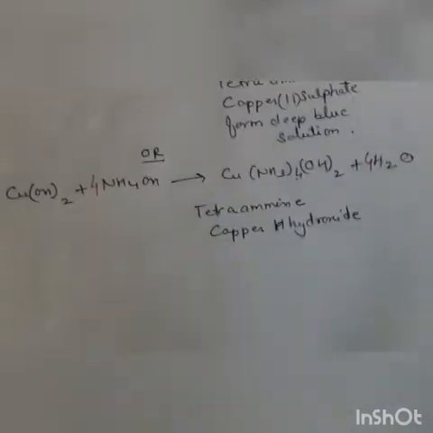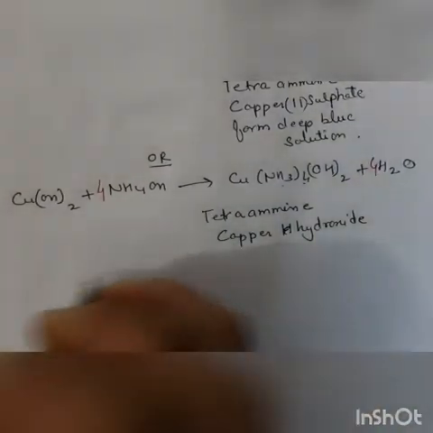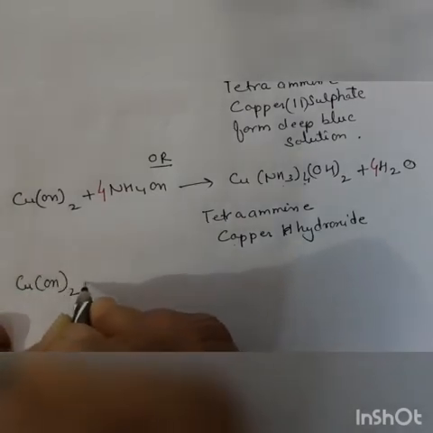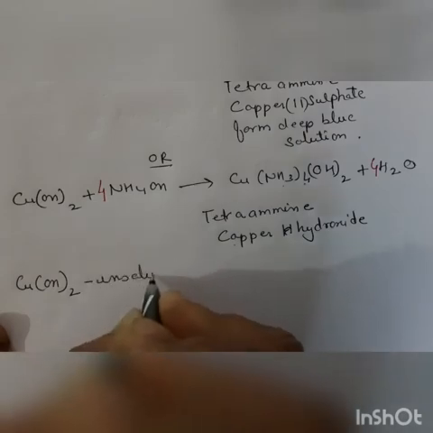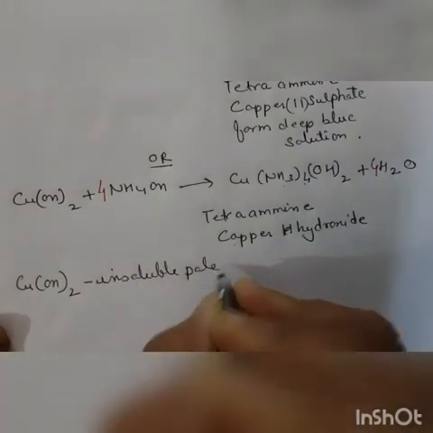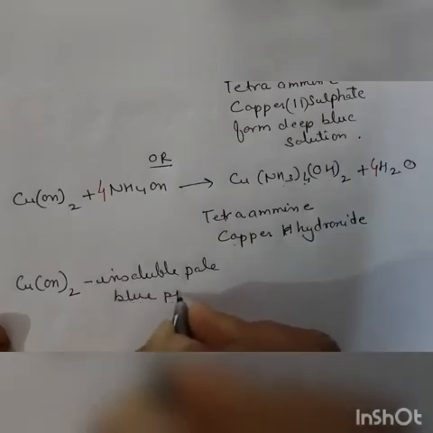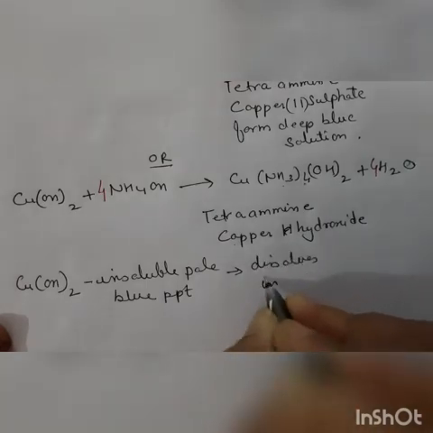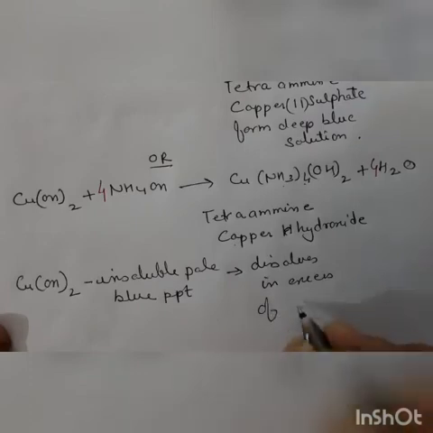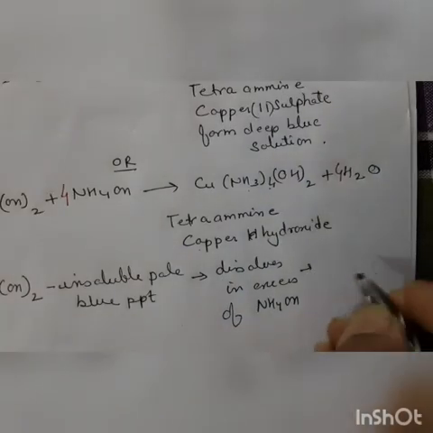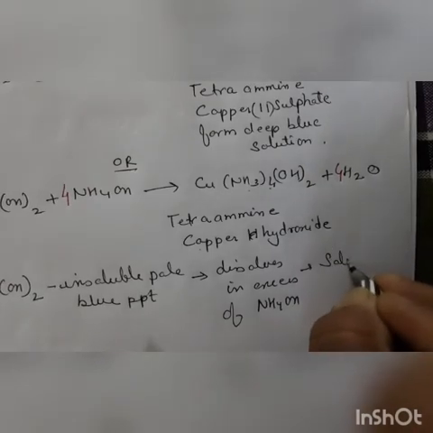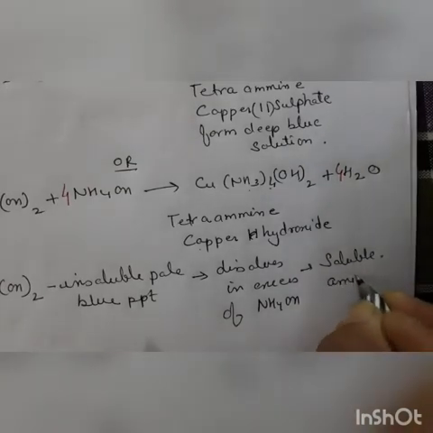Now we conclude that copper hydroxide is an insoluble pale blue PPT which dissolves in excess of ammonium hydroxide, and there is a formation of soluble amino compound.